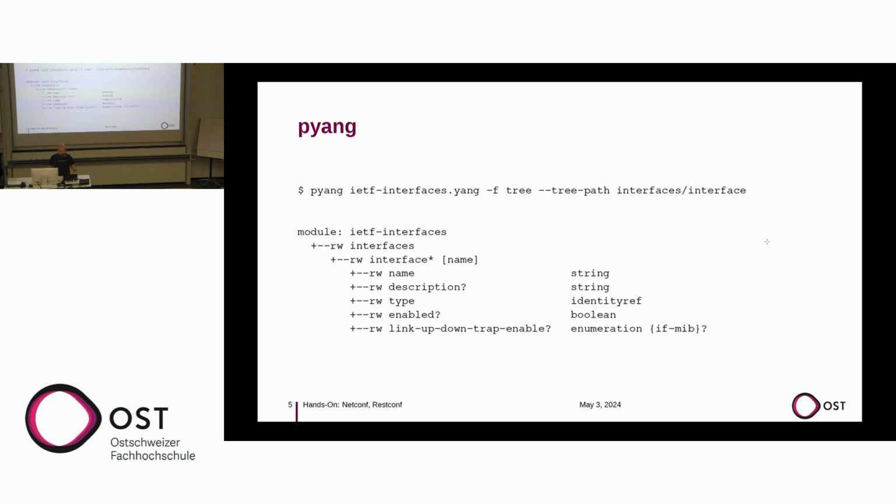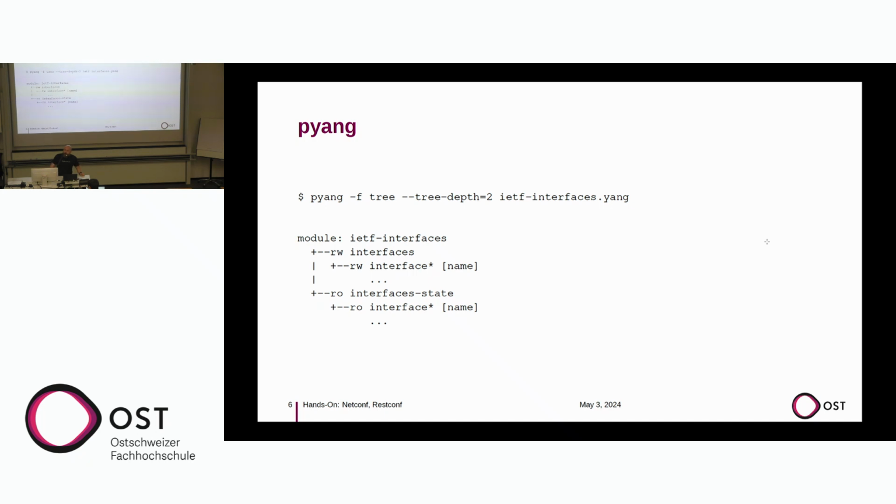The read write tells us this is a configuration leaf, and with the read only we would only see the operational state. So we can see which data can be changed, which is configurable, and which ones are static, given by the device. As an example, the OS version we probably cannot configure, because this depends on the OS version that is installed. Any questions so far? Oh, recap from last week.